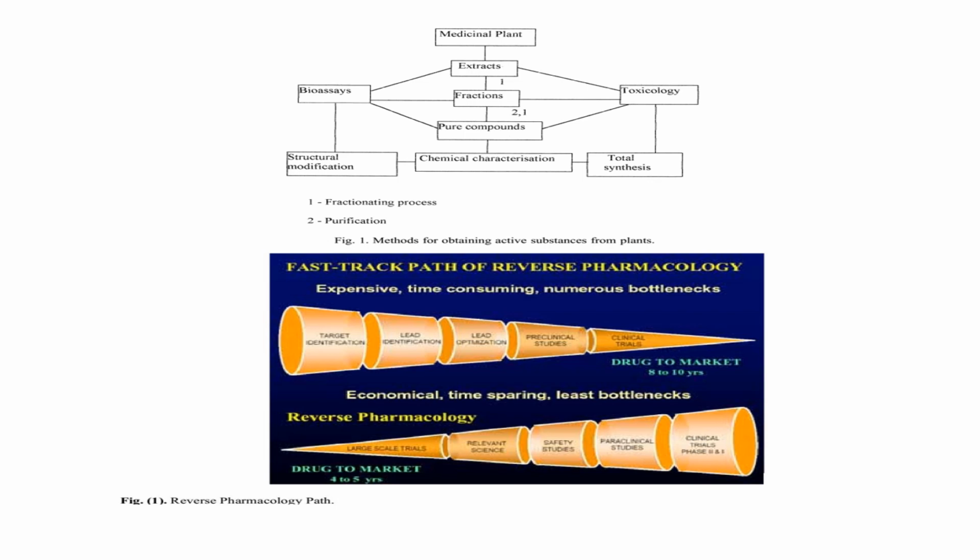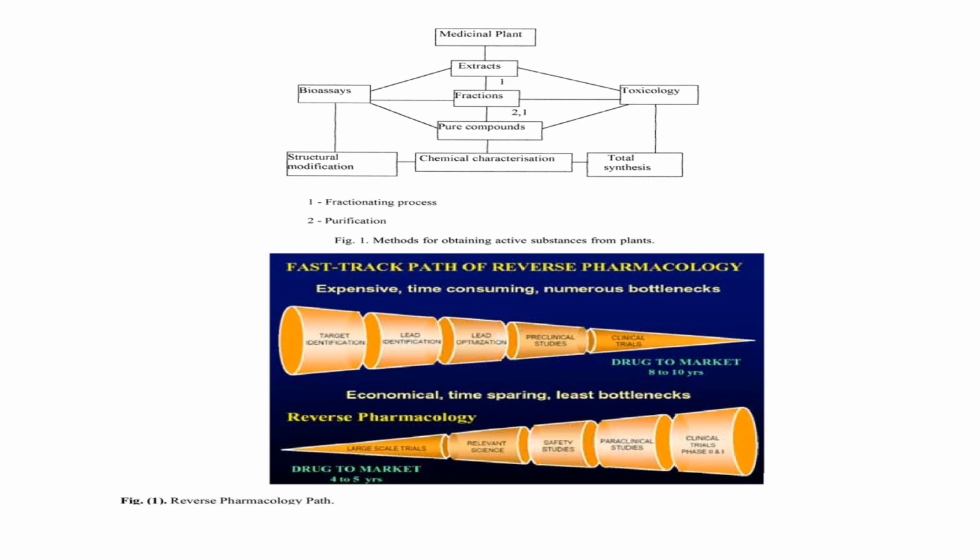Finally, the pure compound obtained by fractionation can be checked for its biological activity as well as structural chemical characterization, so as to know the structure of that bioactive compound and produce the drug from this pharmacophore as well.